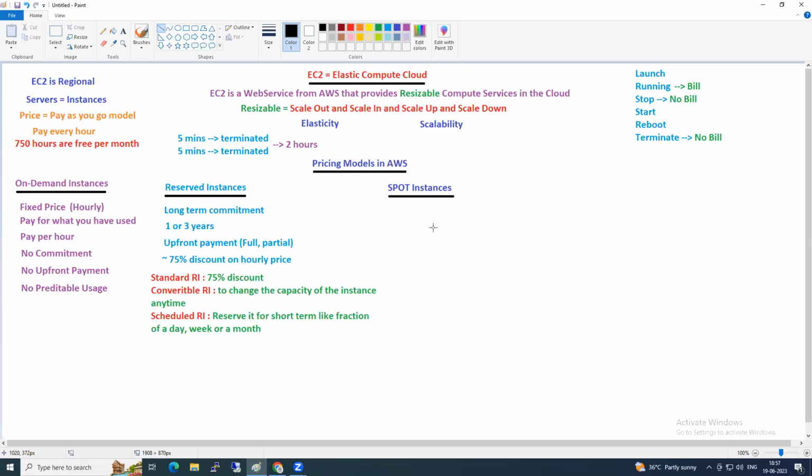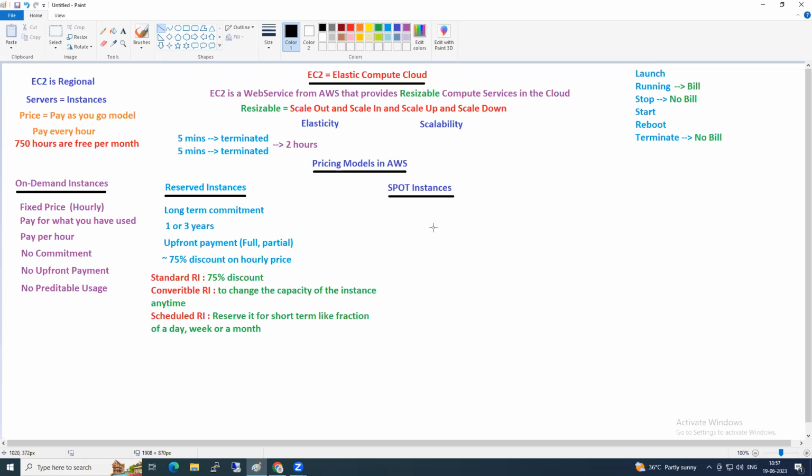You get the machine, do quick operations, whatever you want, and then leave it. Is it good for standalone machines? No. You understood? If you want to do some kind of processing, some kind of operations, some kind of computing, if you have a start and end time, then go for spot.